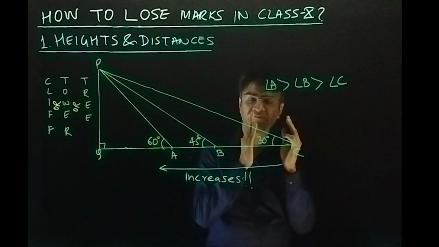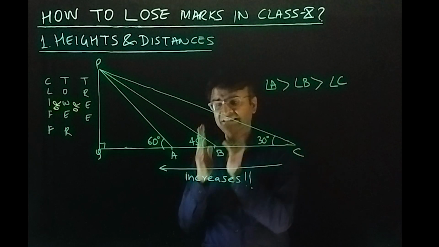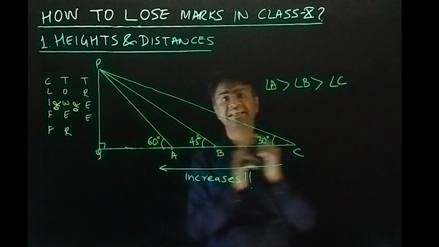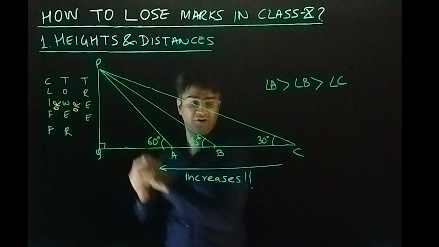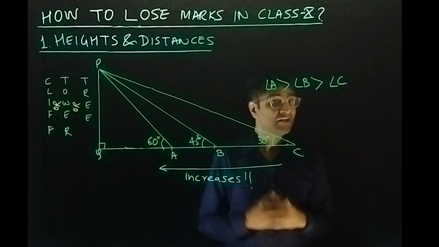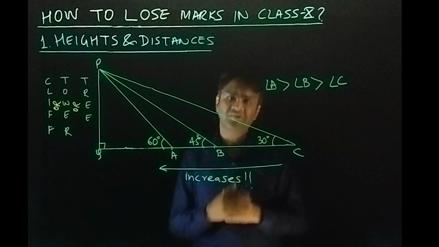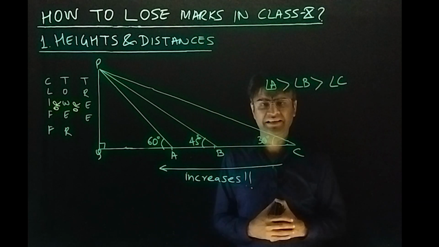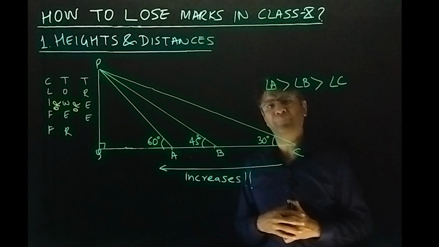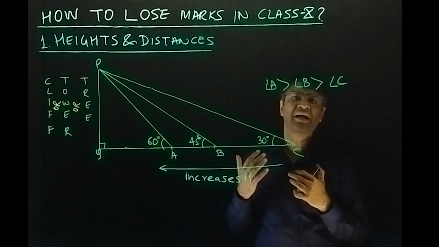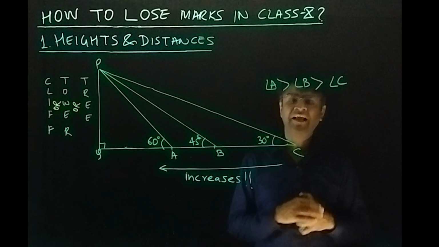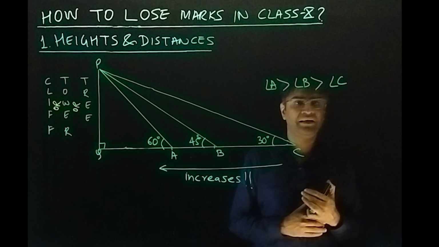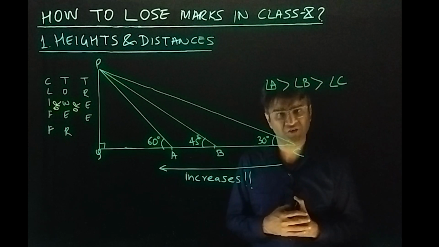This is why I have plotted 30 degrees here, then 45, and then 60, in increasing order of magnitude. Why does it happen? Imagine a situation. There is a building, and on the third floor balcony of that building you have your friend standing, and you are walking towards the building waving hands at each other.